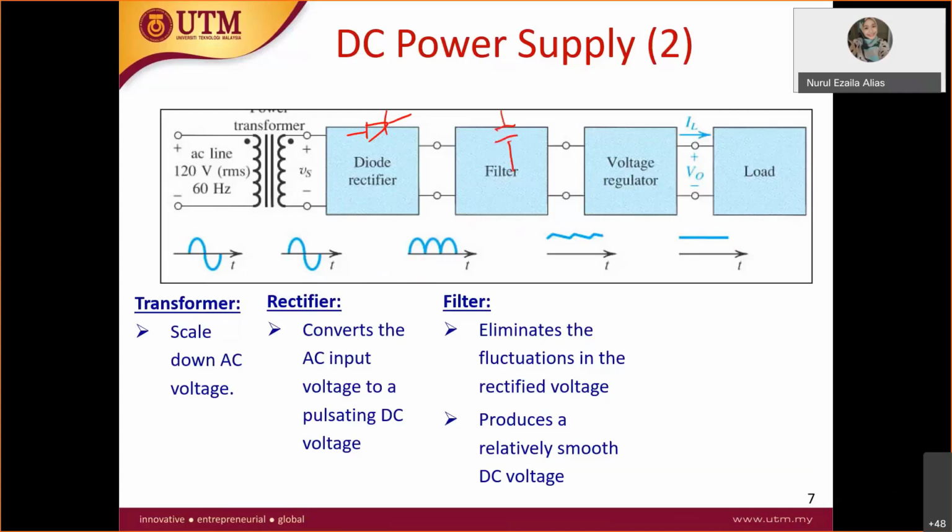It will filter out all the noises and fluctuations of this rectified voltage and produce a smooth DC voltage. You can see here that you are getting almost a straight line, meaning all the noises have been filtered out, but with a little bit of ripple.